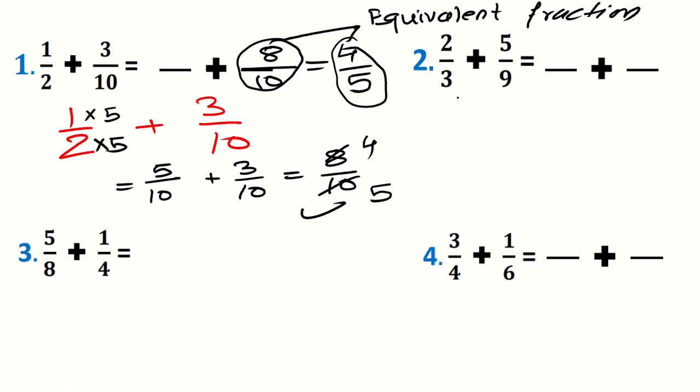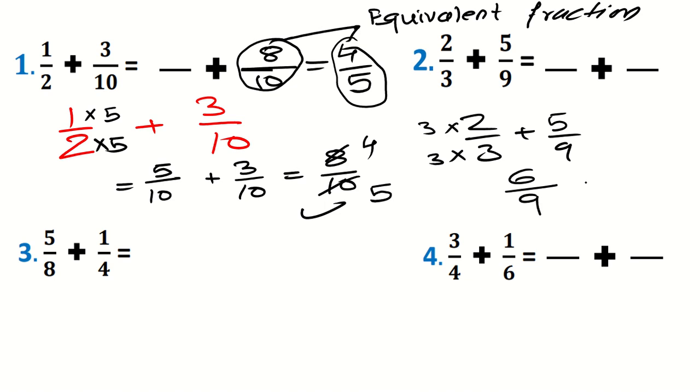For question number 2 you will do, it is 2 over 3 plus 5 over 9. So what number will you multiply with 3 to make it 9? Multiply by 3 up and down. So it will be 3 multiply 2 is 6, 3 multiply 3 is 9, plus 5 over 9. So this is 6 plus 5, 11 over 9. Now you see numerator is big and denominator is small.